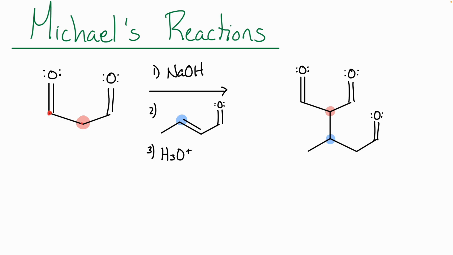There were 3 carbons in my donor, those 3 there, and there were 4 carbons in that Michael acceptor. So we got the alpha carbon of our donor connected to the beta carbon of our acceptor.